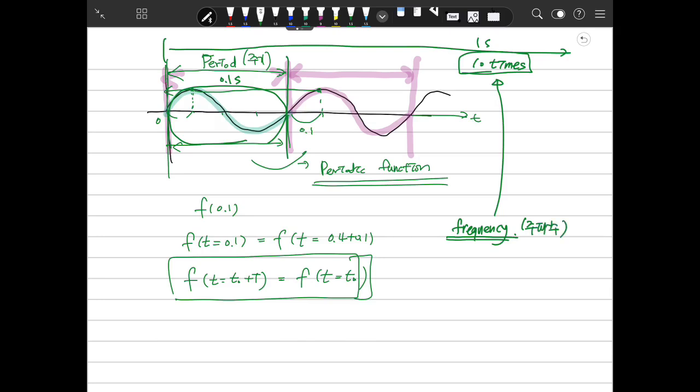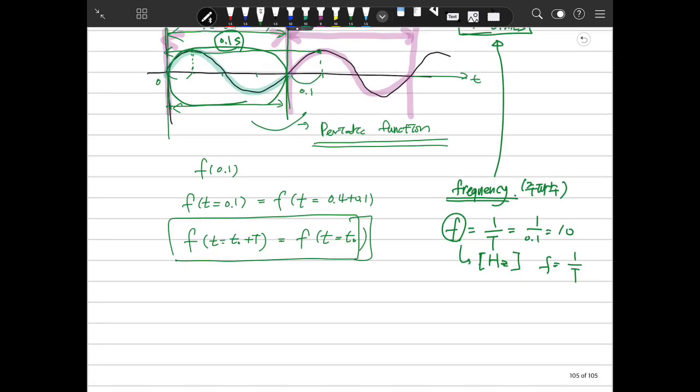Frequency f means 1 over the period. Because this is 1 over 0.1, which is 10. That means in 1 second, the same pattern is repeated 10 times. So the unit of the frequency is hertz. So f is 1 over the period. Then another terminology is angular frequency.